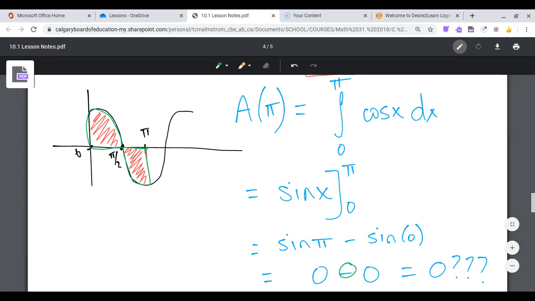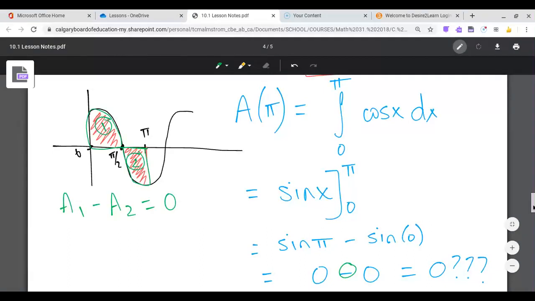Well, clearly the reason why it came out to be 0 is because the area above, let's call that area 1, and the area below, I'm going to call that area 2, are exactly the same. So area 1 minus area 2, if they're exactly the same amount, well, of course, that's going to come out to be 0.